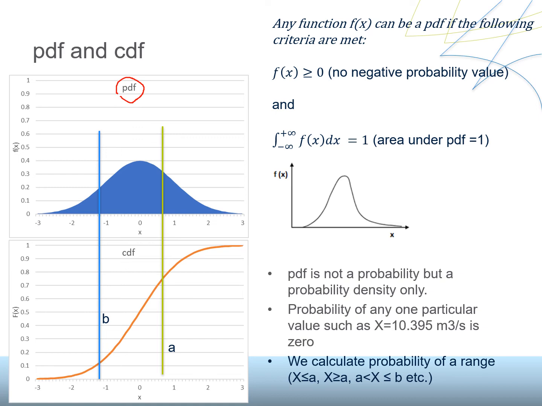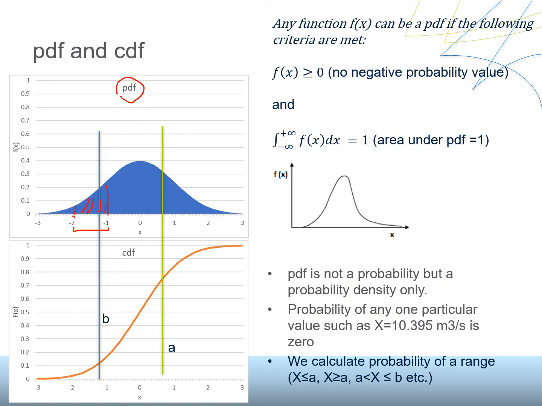The concept, however, is the same. For example, if you want the probability of the value being between 2 and 1, you can calculate the area under this curve. The area under this curve gives you the probability of the value between these two ranges.